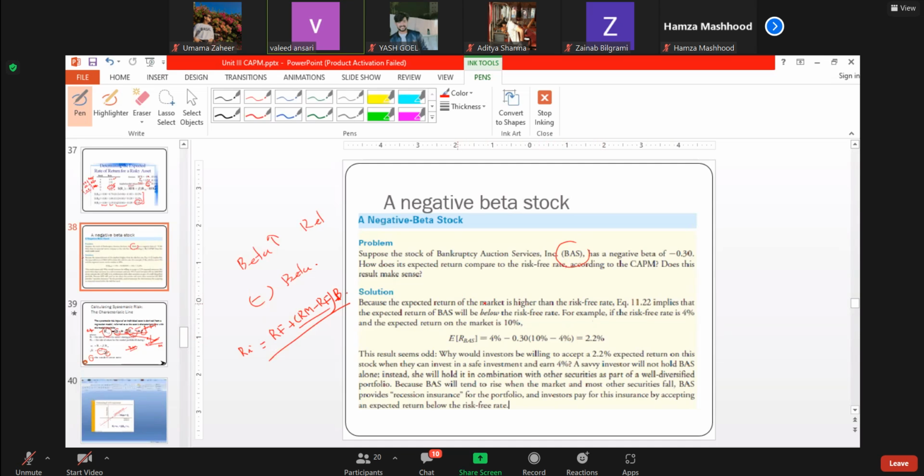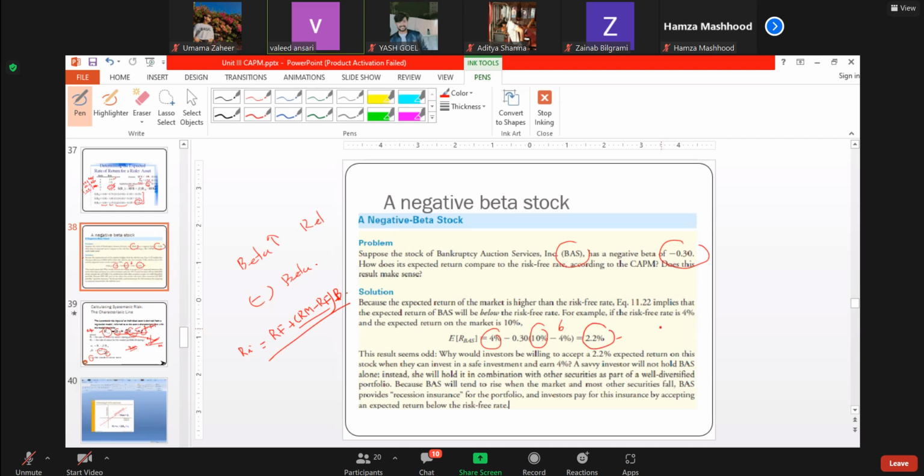So the beta is minus 0.3, the risk-free rate is 4, and the return on market is 10. So the premium is 6%, and then you multiply by the beta. So 4 minus 1.8 will be 2.2. It is lower than even the risk-free rate.